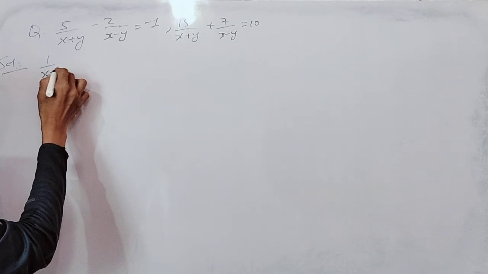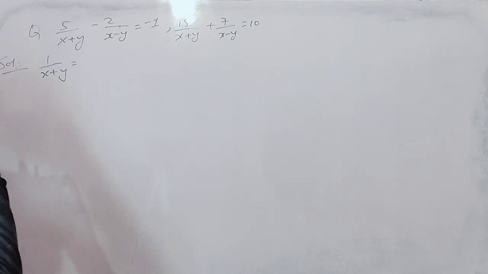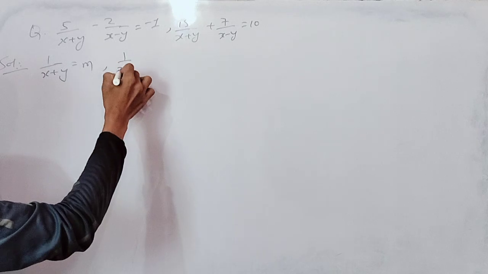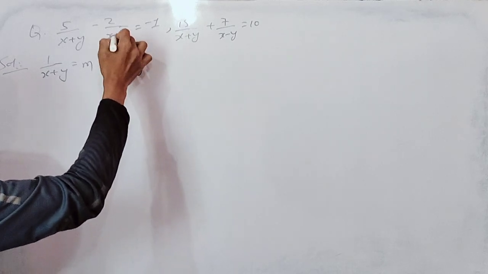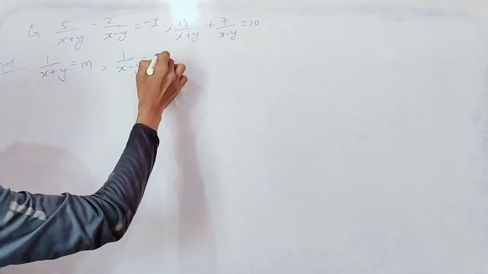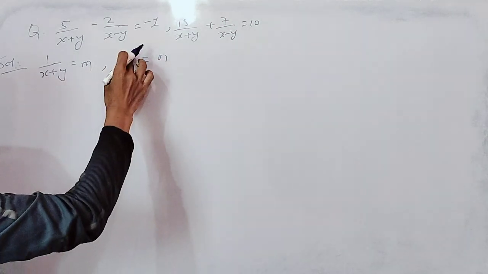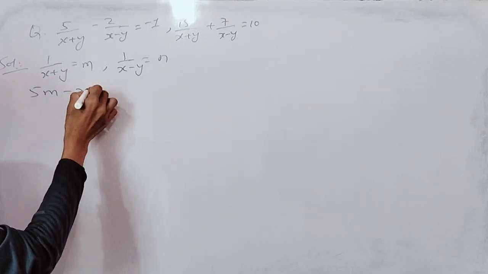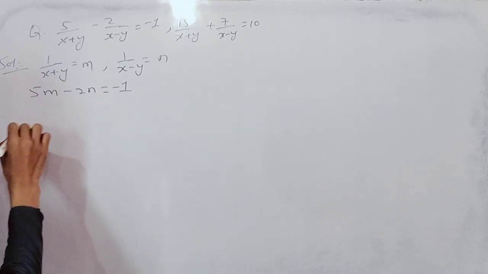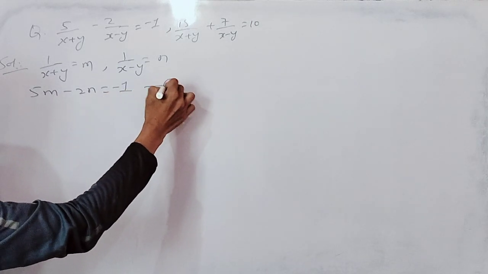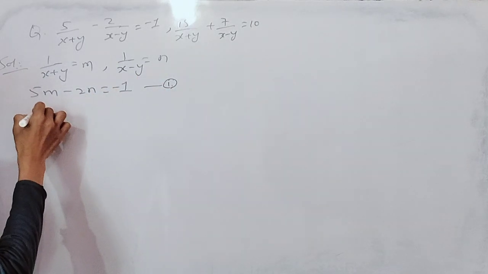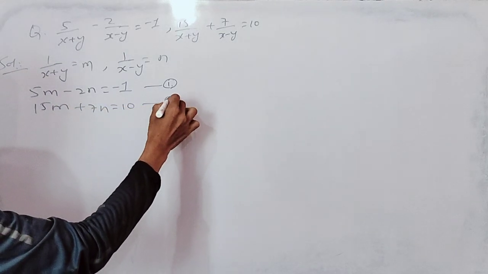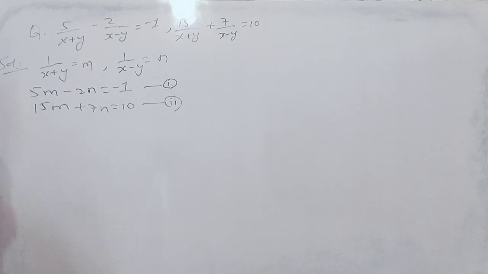Here we can take 1 upon x plus y as m and 1 upon x minus y as n. Clear? Now can we write 5m minus 2n is equal to minus 1? Yes, this is one equation. Now 50m plus 7n is equal to 10. This is the second equation.